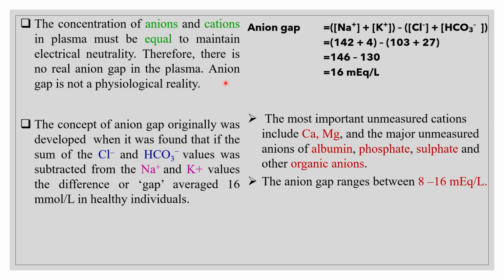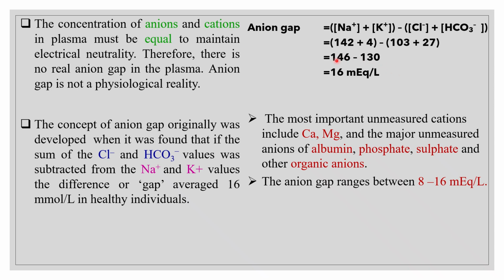But it has been observed that the total difference between the major measurable cations, sodium and potassium, and the measured anions, the major anions being chloride and bicarbonate, leads to a difference of 16 milliequivalents per liter. That difference is known as the anion gap.